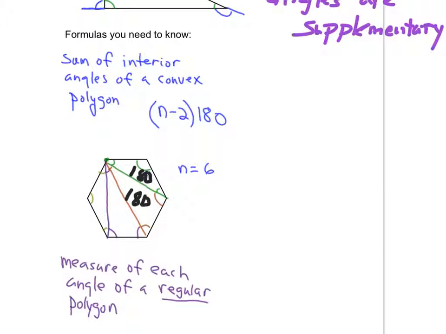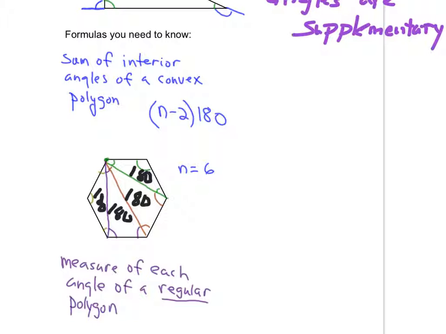Then so on. I've got these other 2 triangles. This one accounts for part of that angle, part of that one, and part of this one. And then the last triangle I have created accounts for all the angles of the hexagon. So these 4 180 degrees account for all of the interior angles of the hexagon.